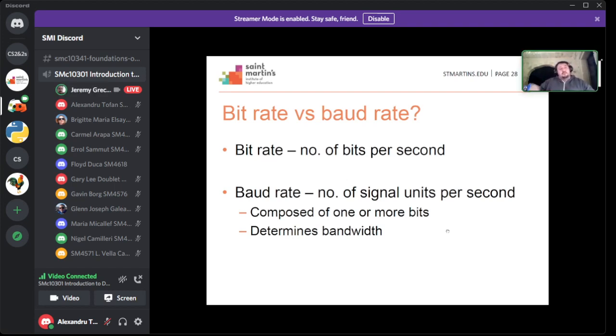And essentially, the baud rate of your communication device is going to determine the bandwidth that is going to allow you to communicate with these devices.